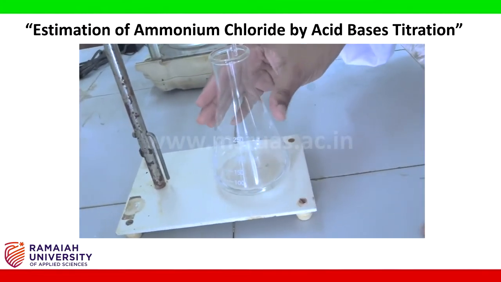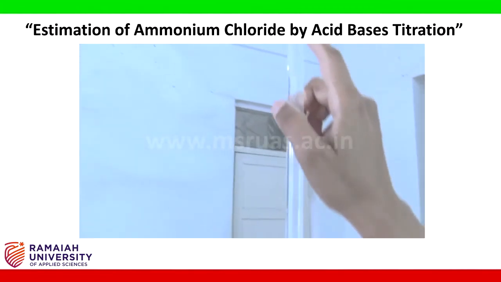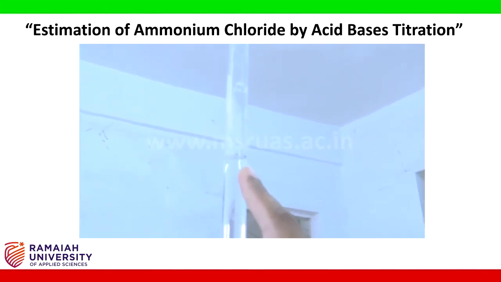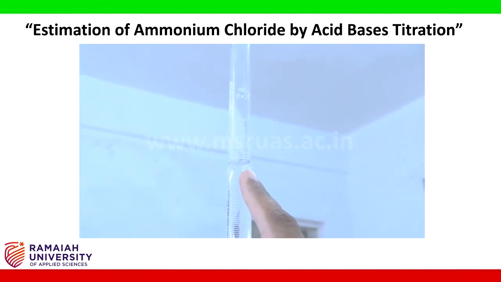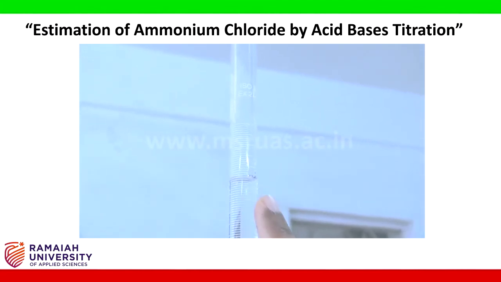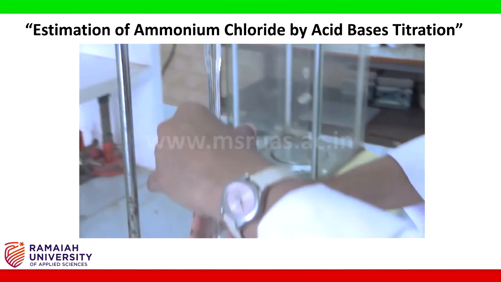Before you start the titration, note down the initial burette reading because a few ml of sodium hydroxide was used to neutralize formaldehyde solution. Note down the initial burette reading, and then start the titration.